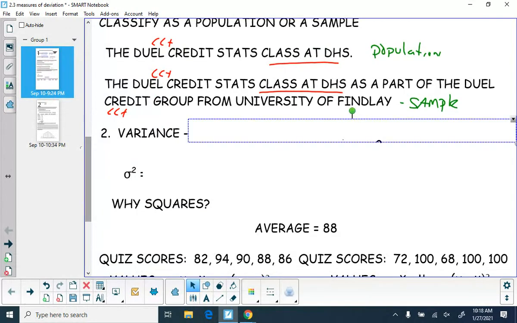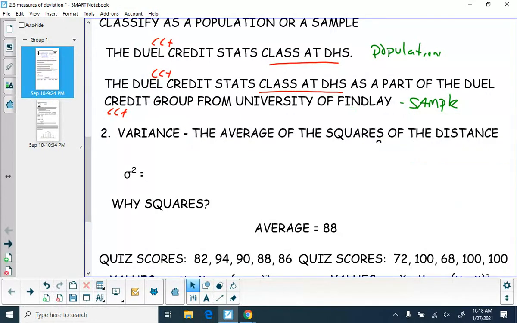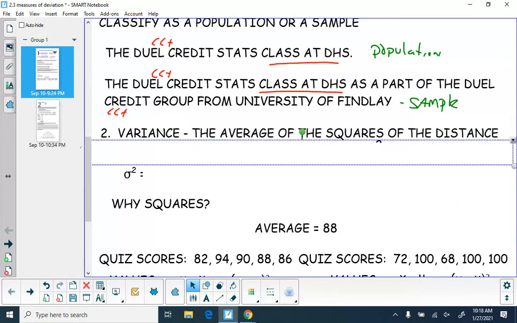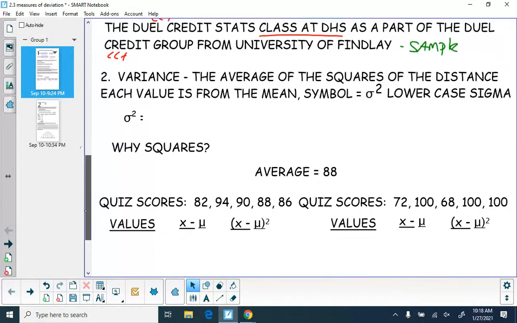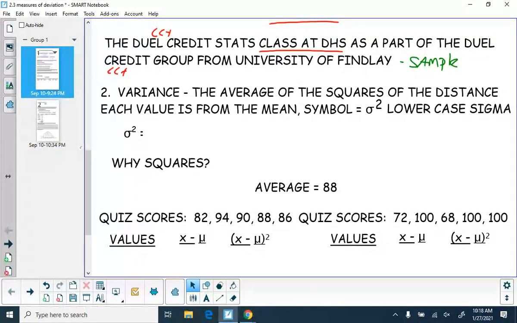Variance. And once again, this is where it starts getting new for everybody. The variance is the average of the squares of the distance each value is from the mean.